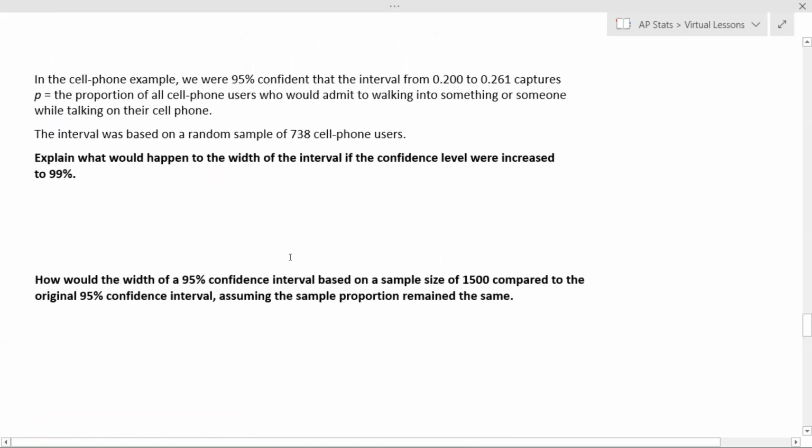In the cell phone example, we were 95% confident that the interval from 0.2 to 0.261 captured the true proportion of all cell phone users who would admit to walking into something or someone while talking on their cell phone. That interval was based on a sample of 738 cell phone users. So if we want to know what would happen to the width of the interval if the confidence level were increased to 99%: in general, because we increased the confidence level, the confidence interval would end up being wider.